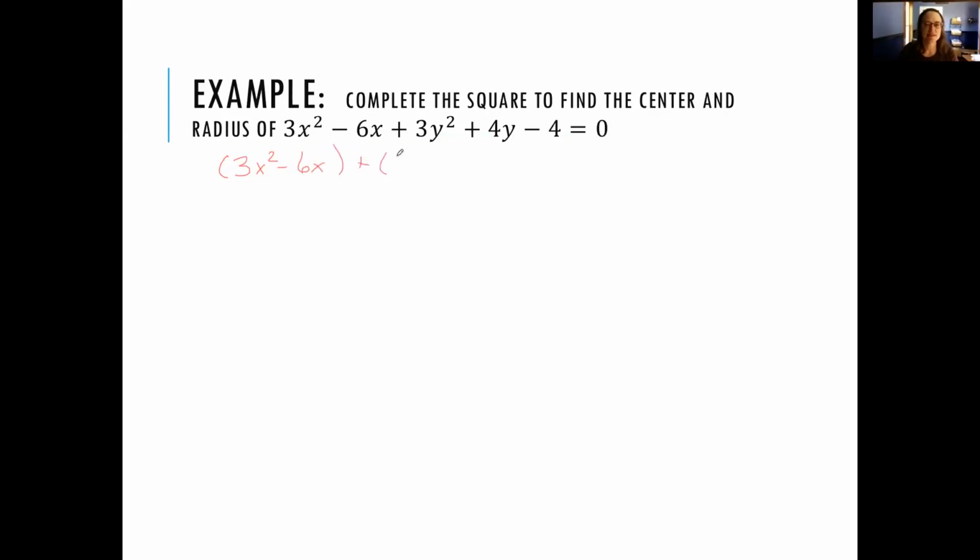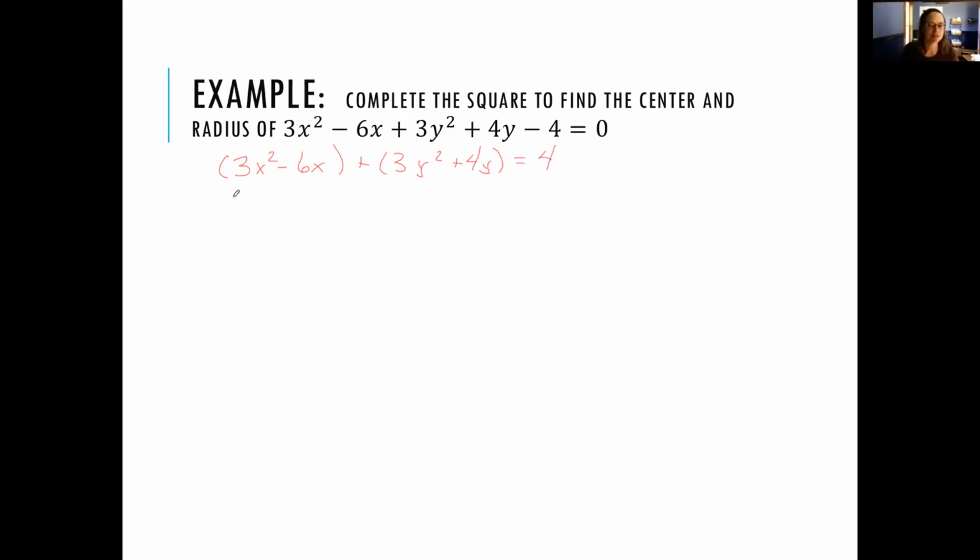Gather my y's together on the same side of the equation. And I'm going to move my constant term to the opposite side of the equation. That's step number 1.